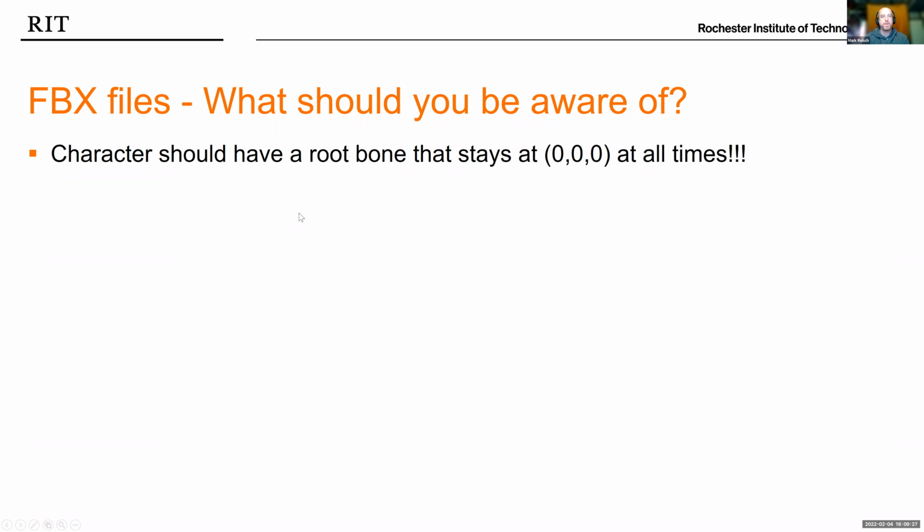Okay, so while that's doing that, the overall process of the way that we are going to be getting files from any animation software, I'm going to be talking specifically about Maya, but you can use anything. I'm going to be using FBX files.